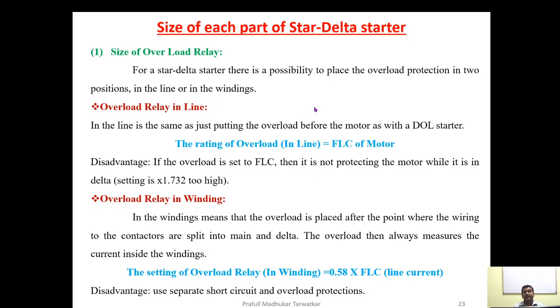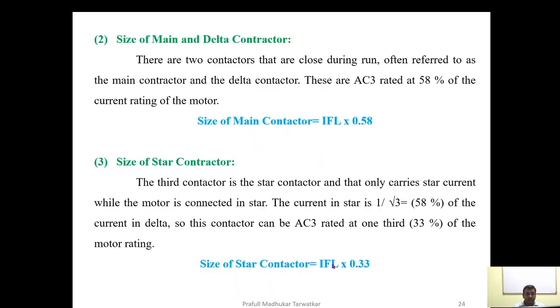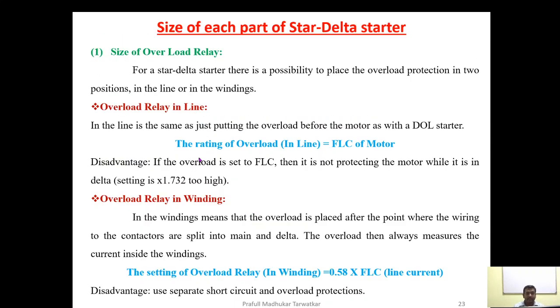Now how to select the respective rating of this star delta starter? There is an overload relay in the line, then corresponding star contactor, then delta contactor. So the simple thing is that when you want the setting of the overload relay for line, it will be the full load capacity of the motor.